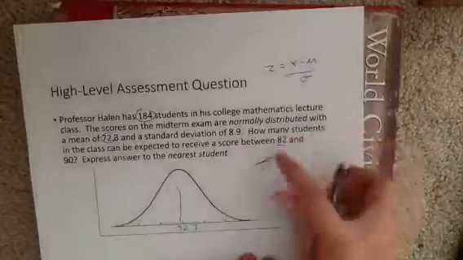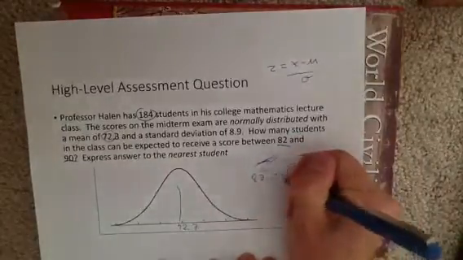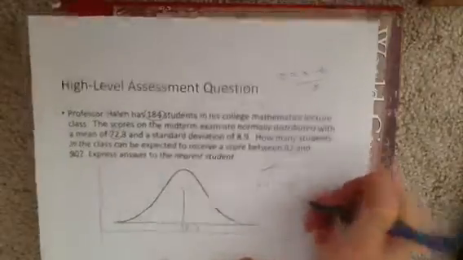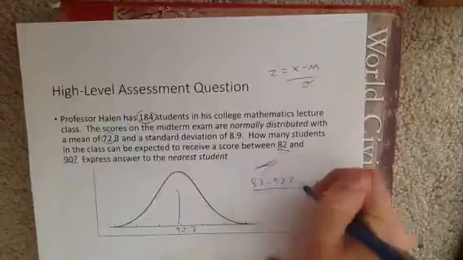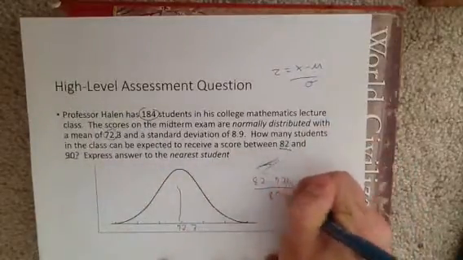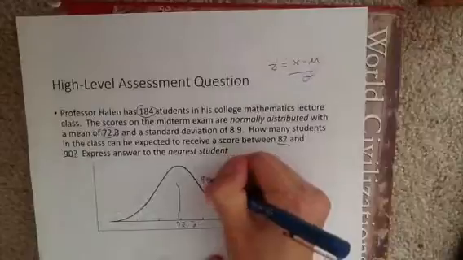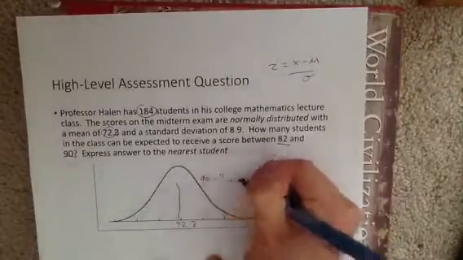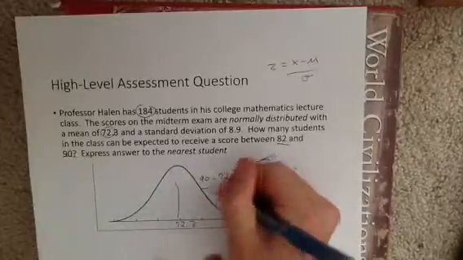Alright, so we're going to first use 82. 82 minus the mean of 72.3 over standard deviation of 8.9. Alright, so we're going to subtract that from another z-score formula of 90 minus 72.3 over 8.9.